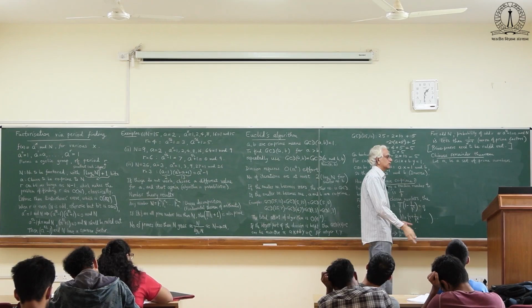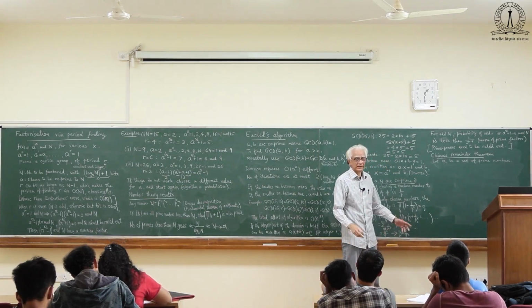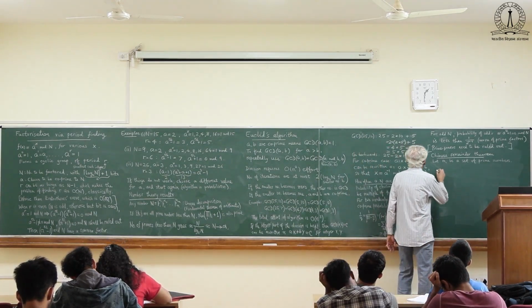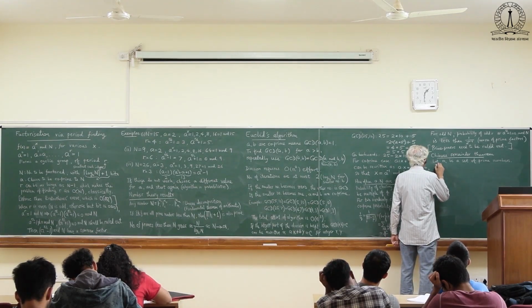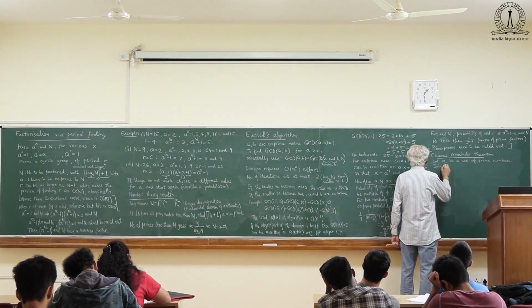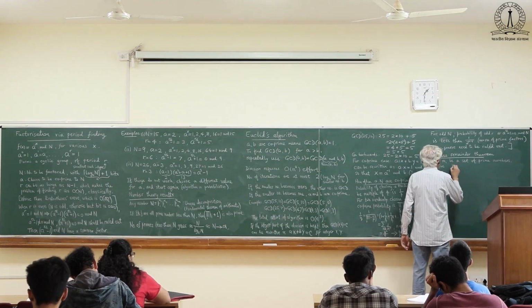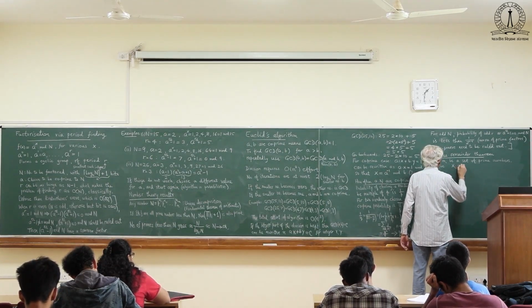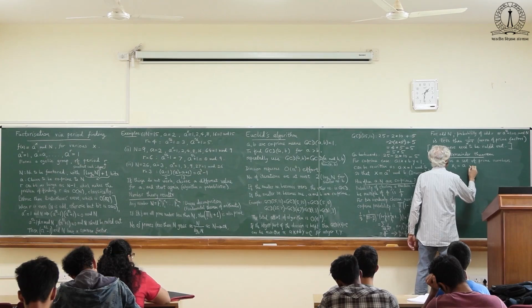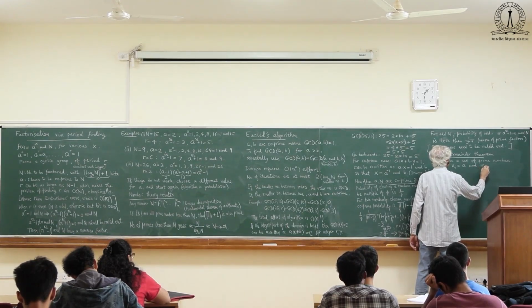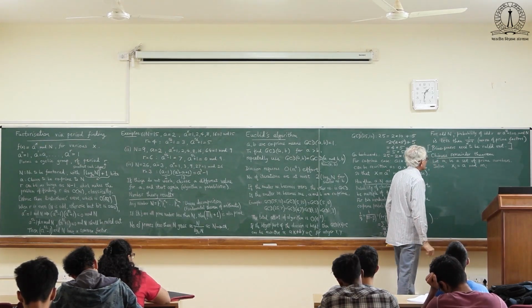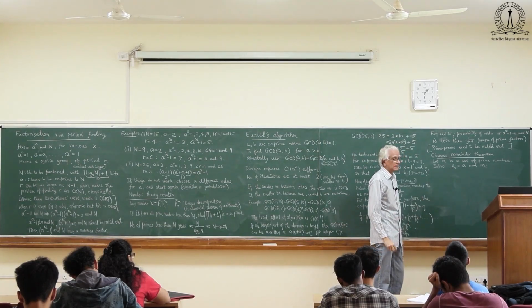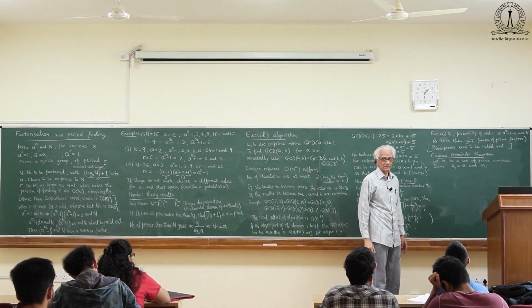Let mi be a set of prime numbers, some set, and then solve for x. These are simultaneous equations.